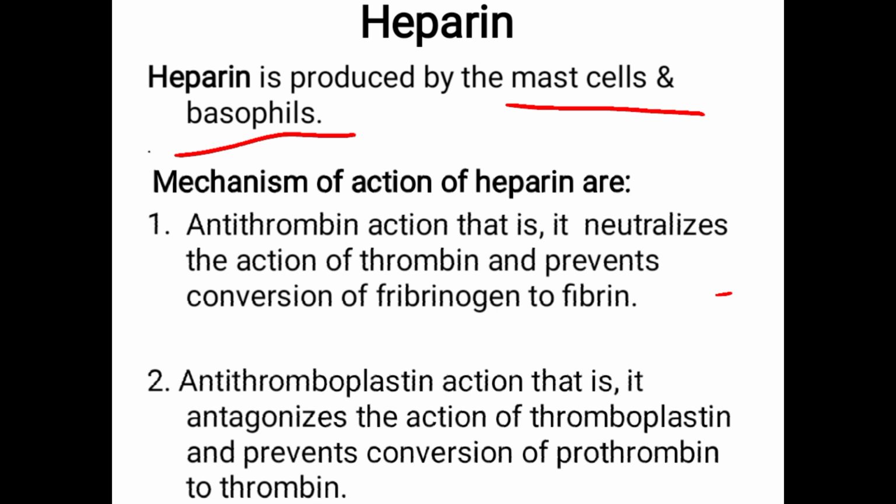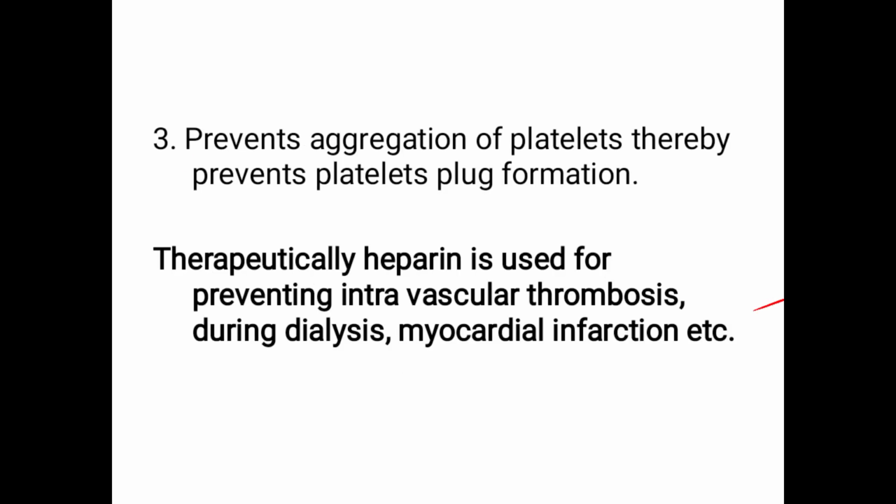The first one, it acts against thrombin and prevents the conversion of fibrinogen into fibrin, and it acts as anti-thromboplastin and prevents the conversion of prothrombin into thrombin. It prevents the aggregation of platelets, thereby preventing platelet plug formation.